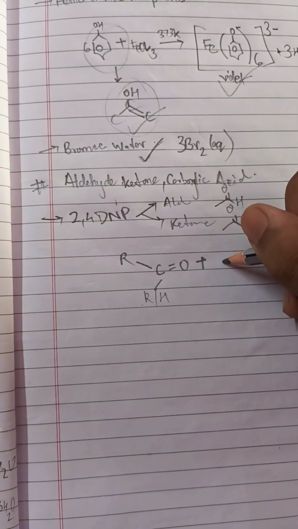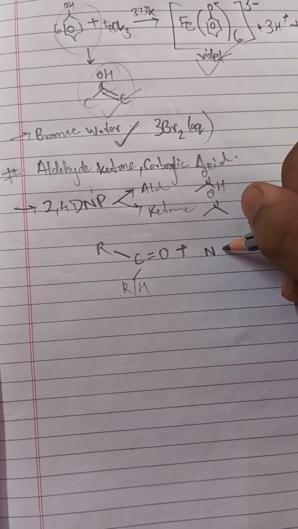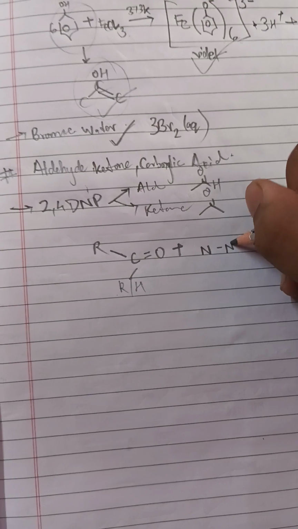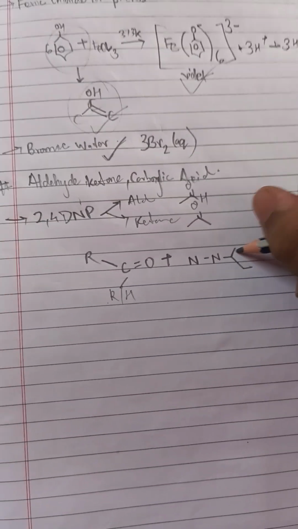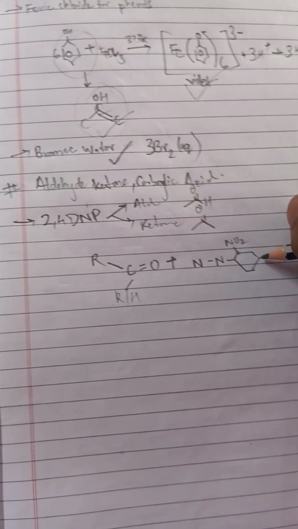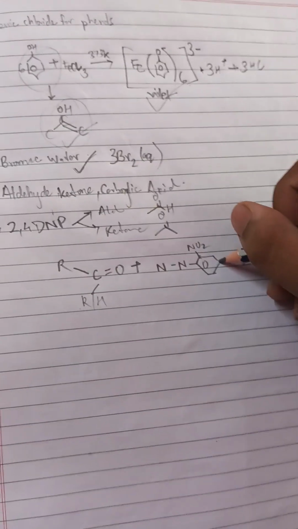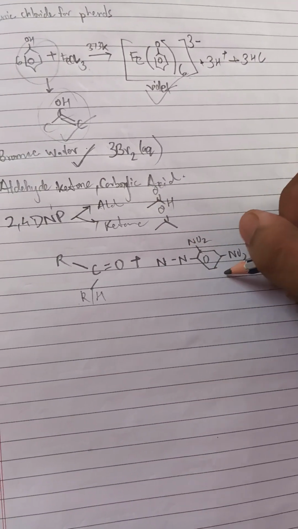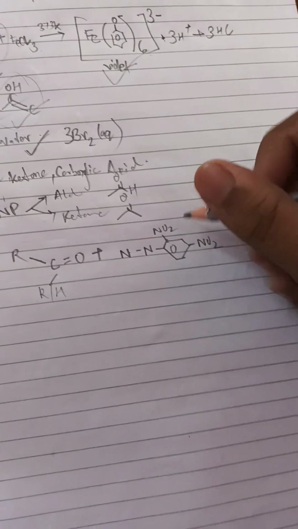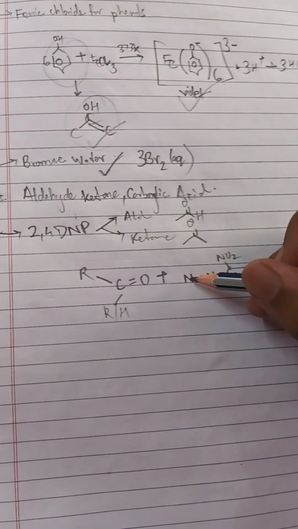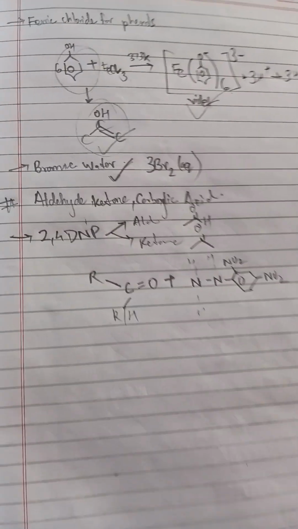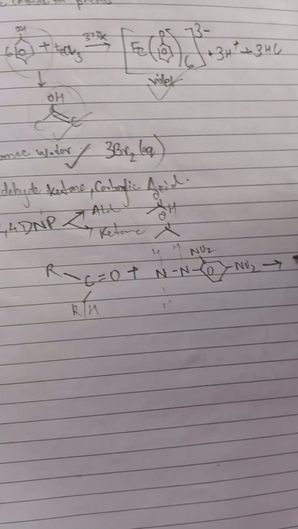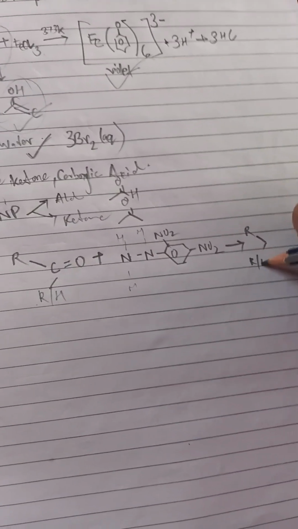The 2,4 DNP is like this, with NO2 groups, 2,4 dinitrophenyl, and after adding these two, it gives us this kind of thing.